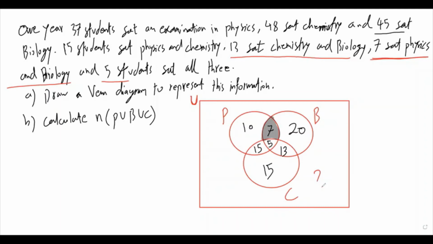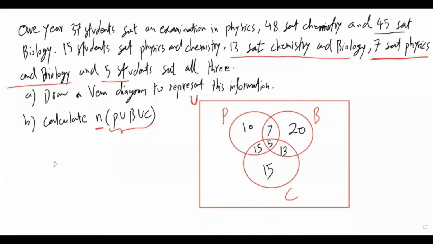Okay, so moving on to the last part. The last part is very easy. They're just asking for the number of the union of all these 3 subjects. So what you have to do is add all the numbers that you have.